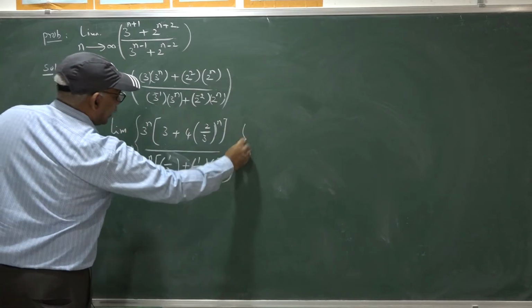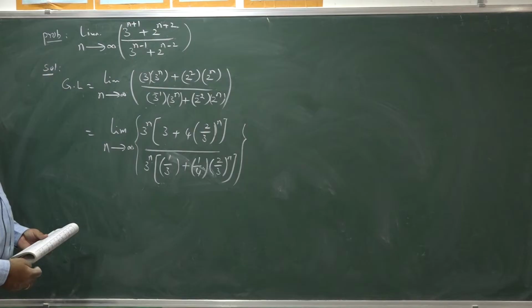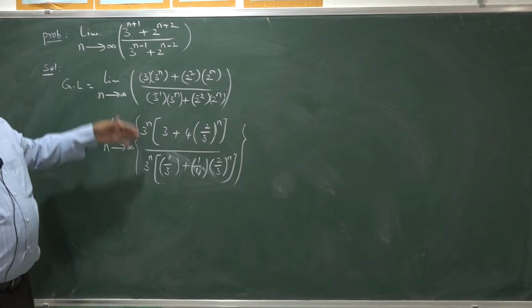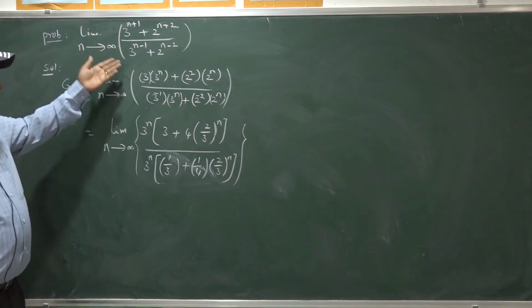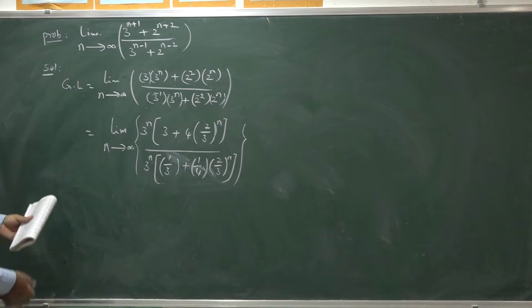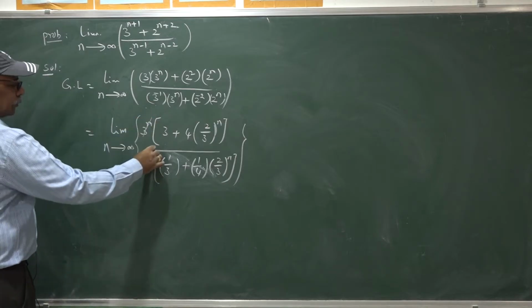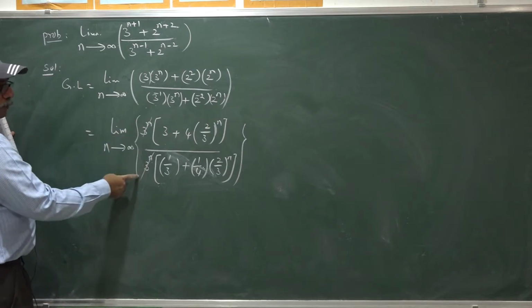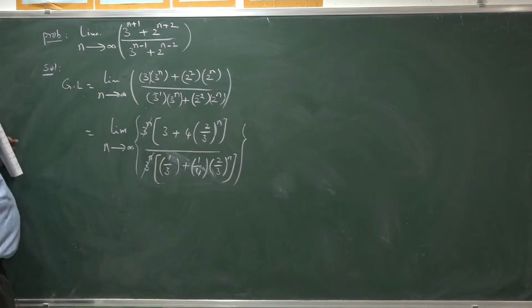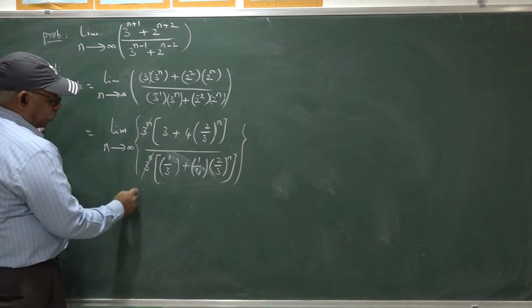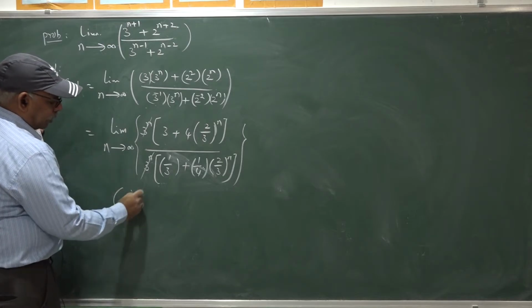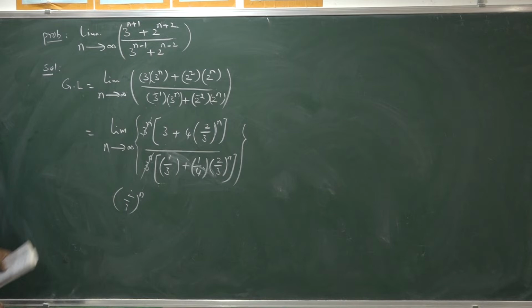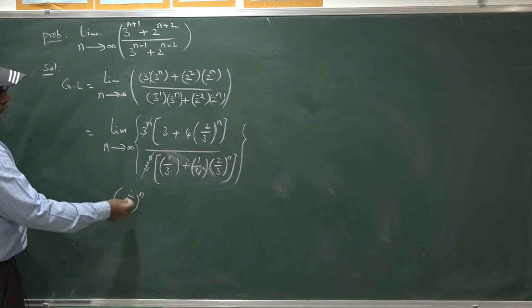You have to apply the limit to this one. Both the limits are one and the same, just a modification of the function. So you can remove this 3 power n. Once you remove 3 power n, the total function reduces to a function of 2 by 3 whole power n.